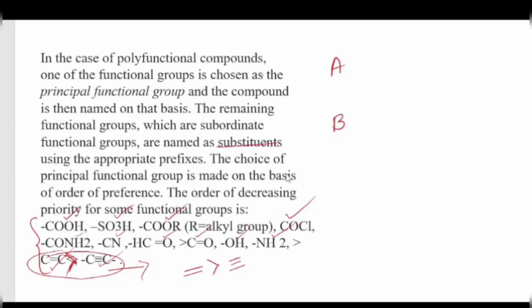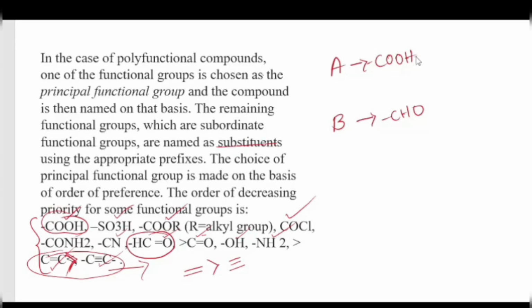Then suppose I take one simple example. Suppose A is carboxylic acid and B is aldehyde, CHO. Between these two functional groups, I have to choose one functional group as the main functional group. You can see over here carboxylic acid has the highest priority compared to aldehyde.